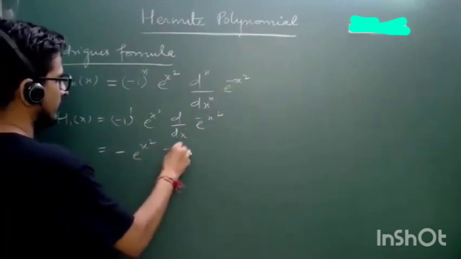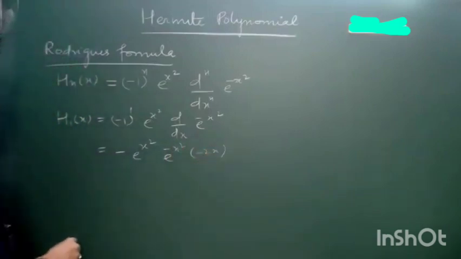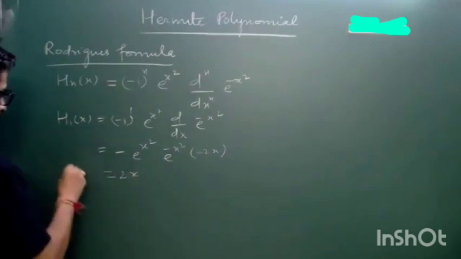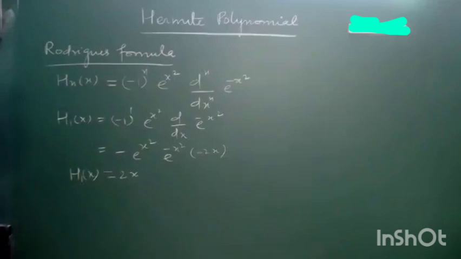Derivative of this will be e^(-x^2) times minus 2x, correct? So this will be equal to 2x. This is the way how this Rodriguez formula can be used to calculate all of them.